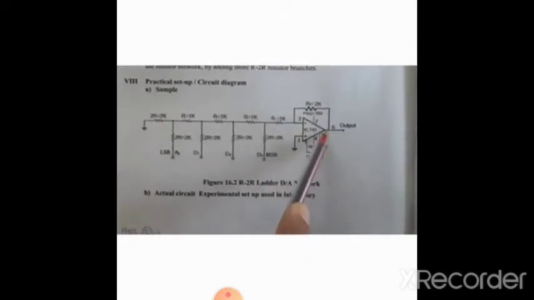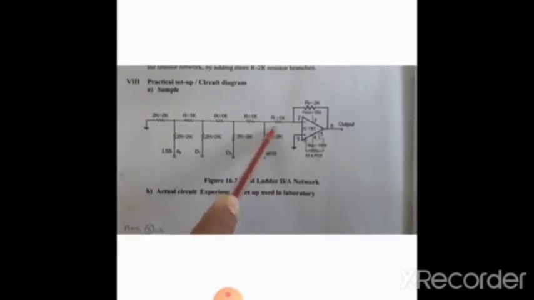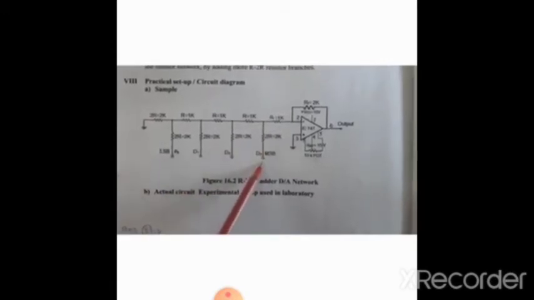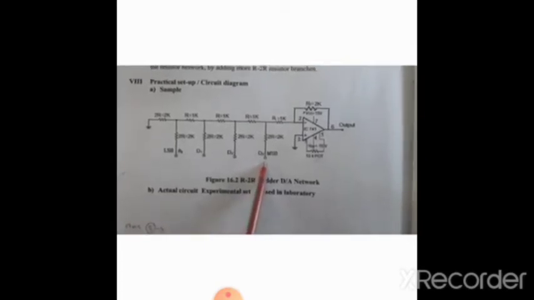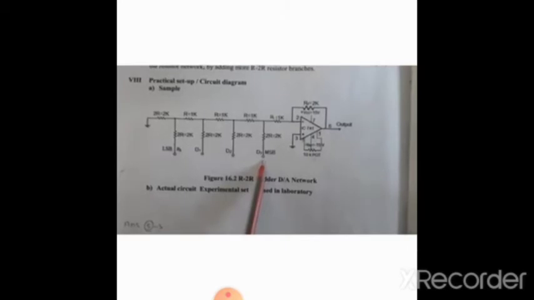This is a resistive network where pin number 2 is connected to a 1k resistor, and the 1k resistor is connected to a 2k resistor. Here we have to connect a binary input. This is D3, which is the most significant bit.